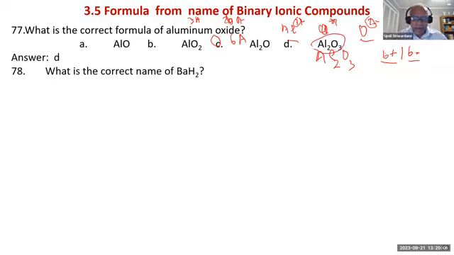What is the correct name of BaH2? This is a 2 plus cation. Hydrogen makes the hydride ion. Hydrogen is the anion here. Therefore, this should be barium hydride. Barium is here, hydride is here.